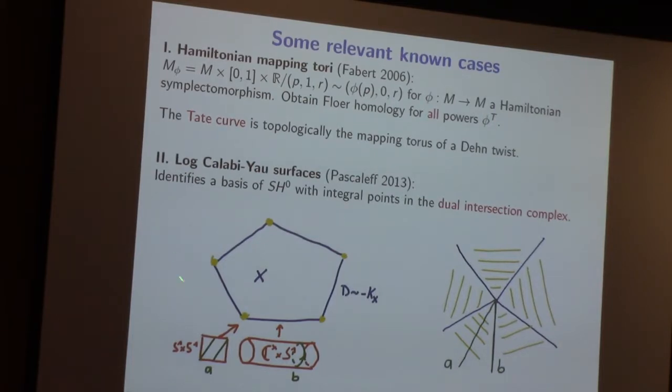There you start with a compact surface with a cycle of P1s that is anti-canonical, so this is a log Calabi-Yau. And then there's this dual intersection complex that would glue in some integral rational polyhedral cone for each vertex in terms of the intersection number. That's a standard thing, actually.